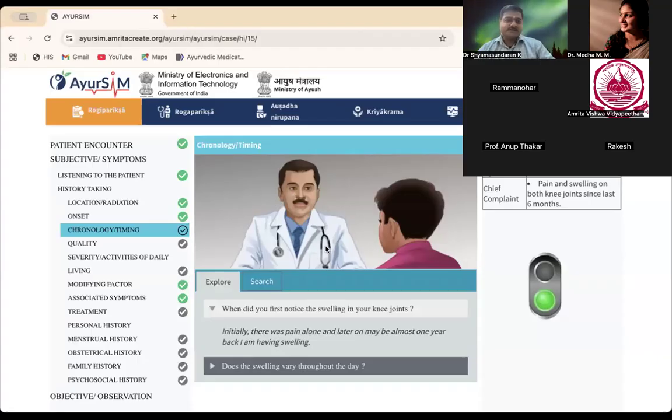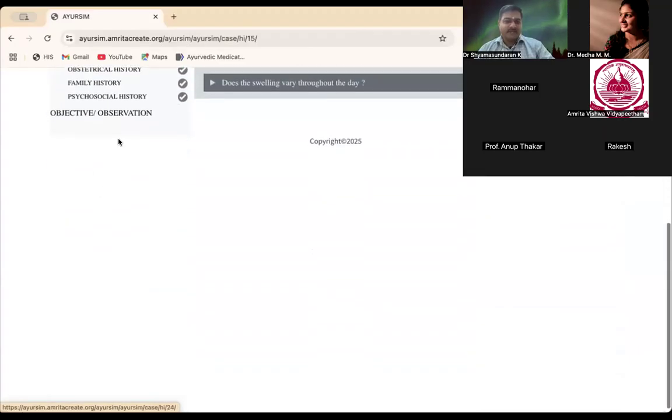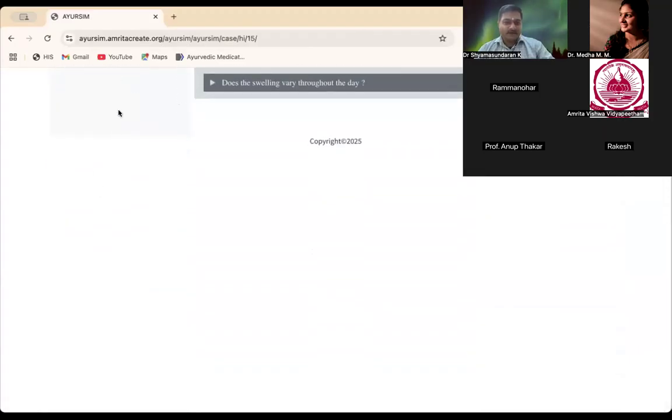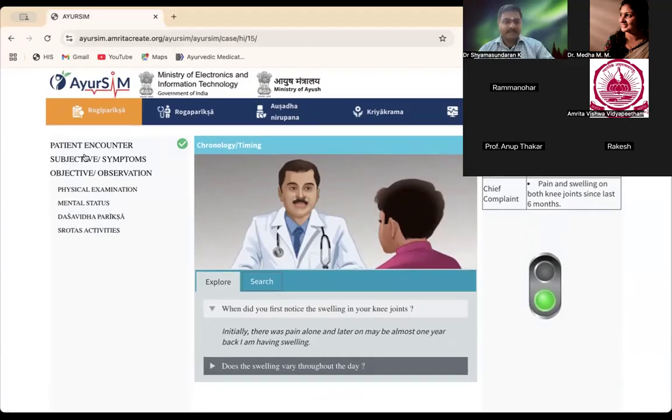So yes, this was about the patient encounter and subjective symptoms. And coming to the objective symptoms, again, the physical examination comes, the mental status of the patient comes, the Dashavidha Pariksha comes, the Srotas activities come.